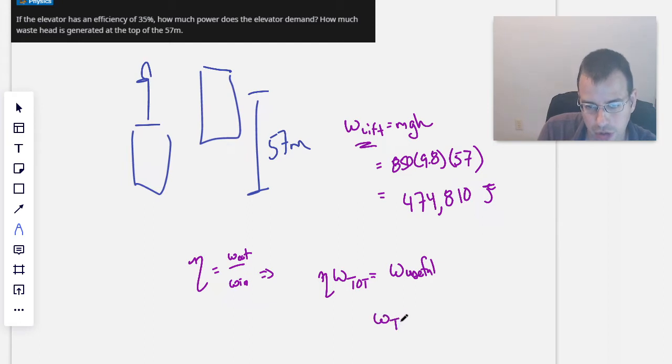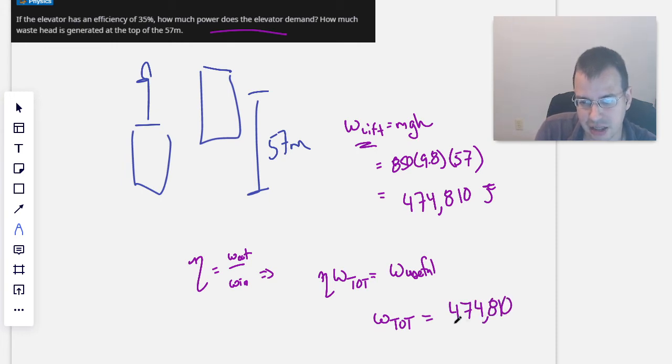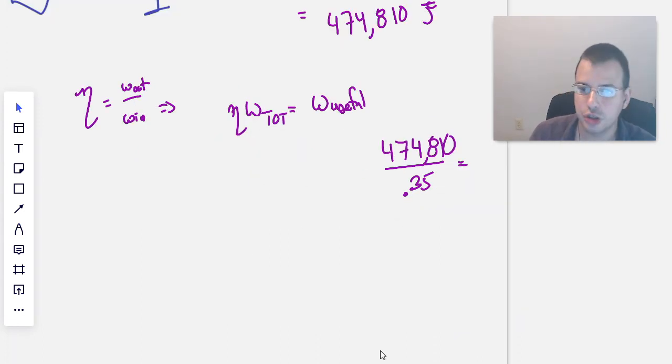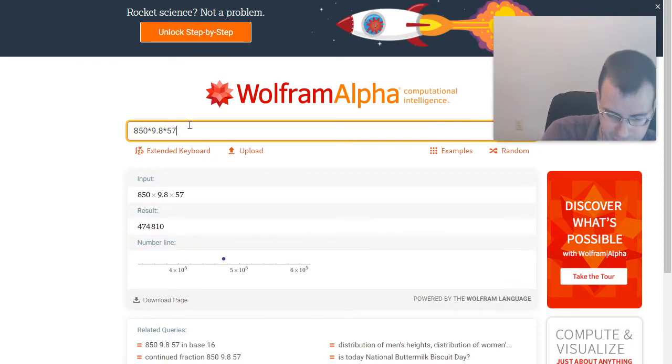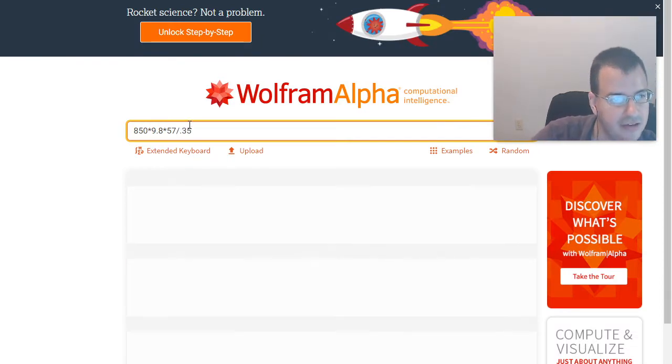So the work total, i.e. how much energy the elevator demands, not power yet, we'll get there, is going to be 474,810 divided by 35%, which is same as 0.35. So go into Wolfram, we have previous answer divided by 0.35.